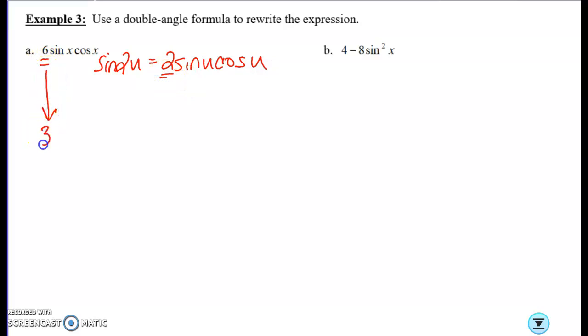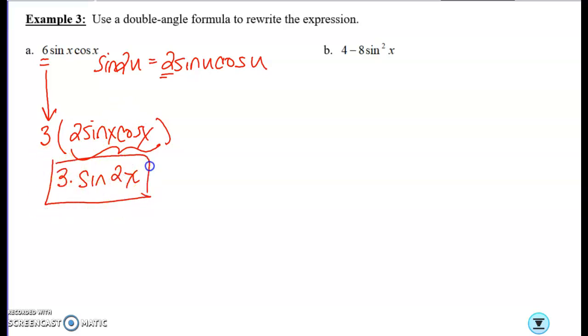So we could think of this as 3 times 2, there's your 6, sine of x cosine of x. And then this is our double angle for sine, so this is equal to the sine of 2x, and then we have the 3 sitting out in front. So this simplifies to 3 times the sine of 2x. That's not squared, that's a 2x.